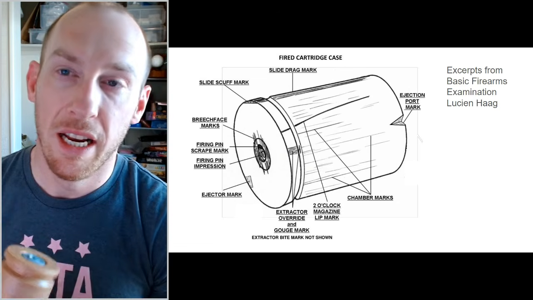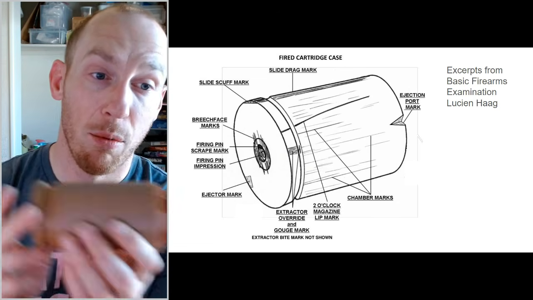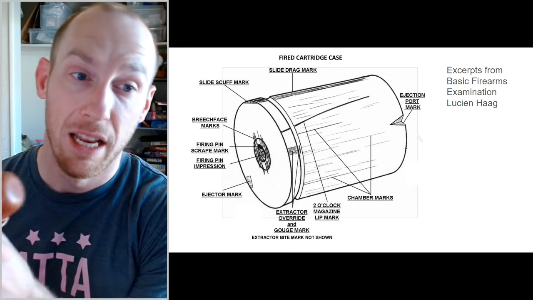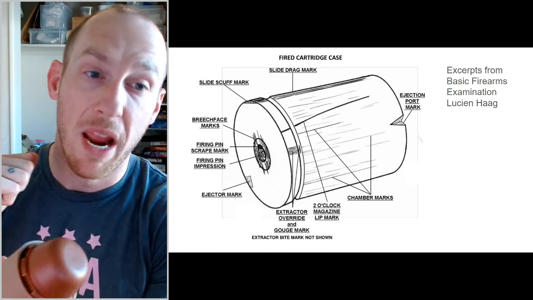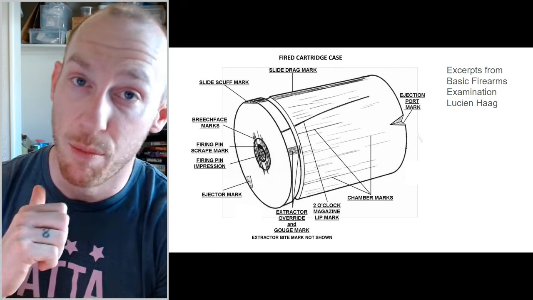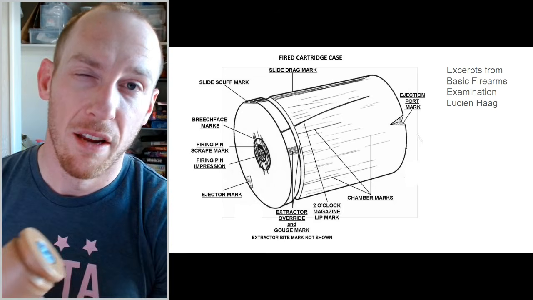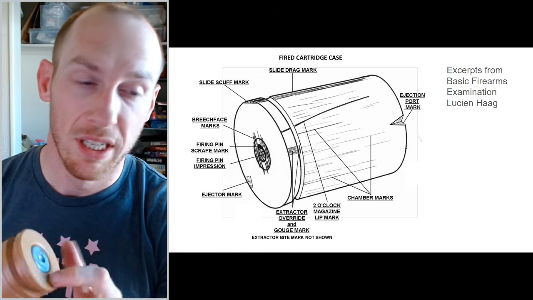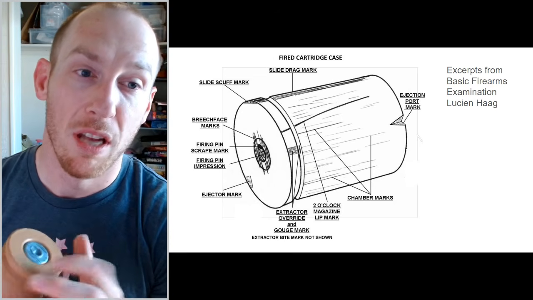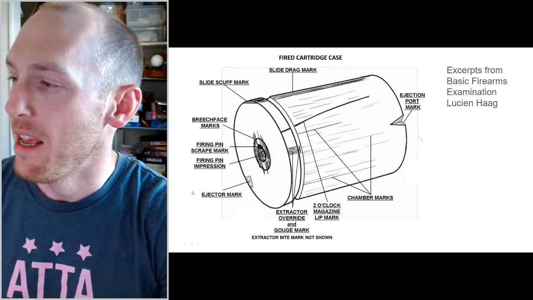It's hard to get an ejector mark if you, again, chambered a cartridge, didn't fire it, and then tried to manually unload the chamber by pulling the slide of the pistol back. Generally, you won't get an ejector mark from doing it manually. You just can't generate enough force to cause a significant dent on the case head portion.